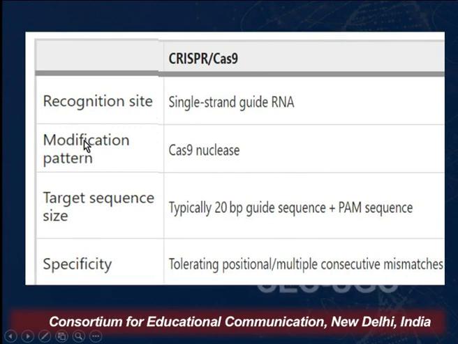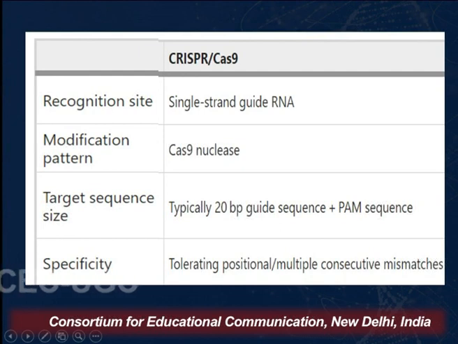The recognition site is a single stranded guide RNA. When we talk of these nucleases, or when we want to do genome editing, there are 2 aspects to it. One is the recognition of a particular site, and the second is the creation of the double stranded breaks. This is true for all the tools that we have discussed in gene editing.